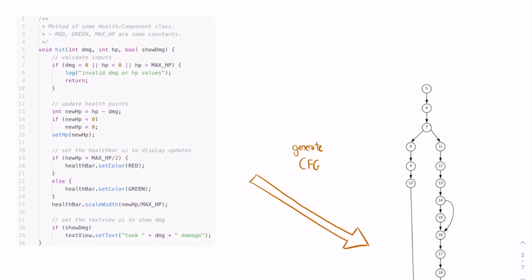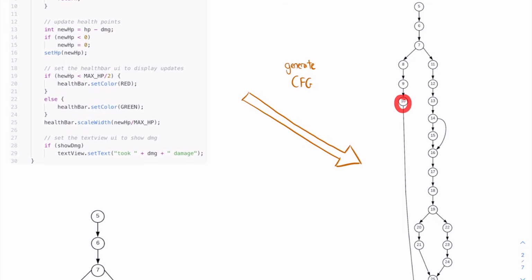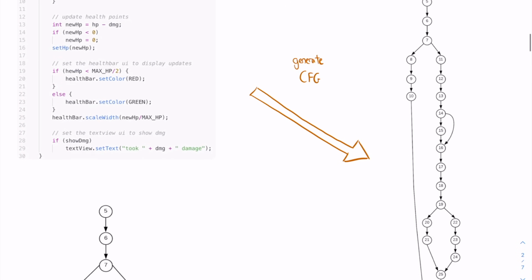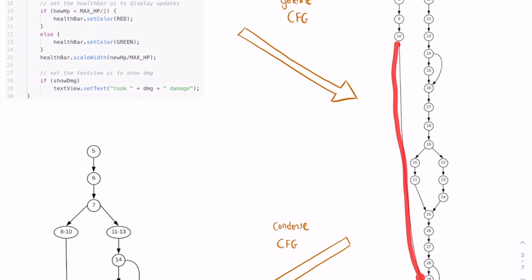Return means it exits that brace, which is 10, and goes all the way to exit the function as well. All right, so that's why 10 is linked all the way to 30, which is here.